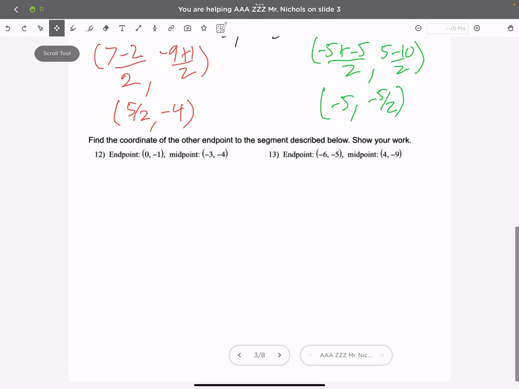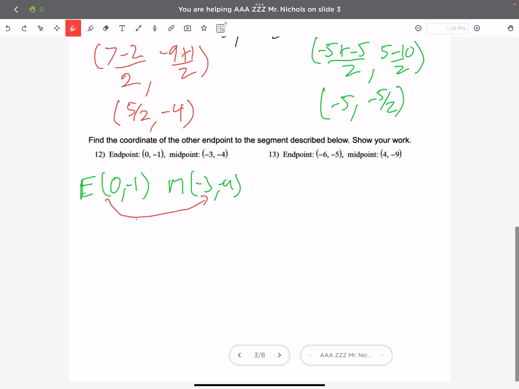All right. So the easiest way to do this, and we kind of talked about before, so my endpoint, and I'm just going to call it E, is 0, -1. My midpoint M is -3, -4. Now to go from 0 to -3, I am subtracting 3.